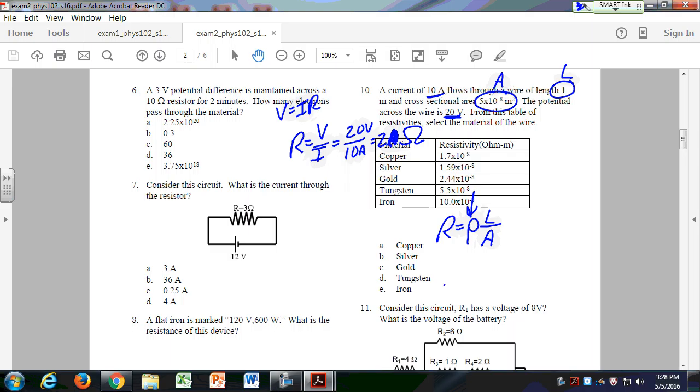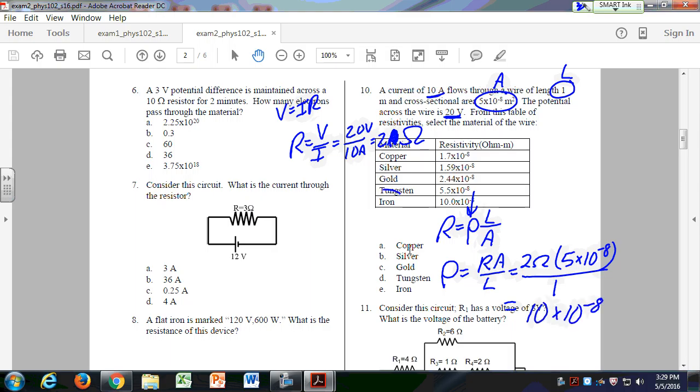And so I solve now for rho. It's going to be RA over L. I just multiplied both sides by A over L to solve for rho. And then I put in my values. I have 2 ohms. I have my area, 5 times 10 to the minus 8. My length is 1, and that gives me 10 times 10 to the minus 8 ohm meters.